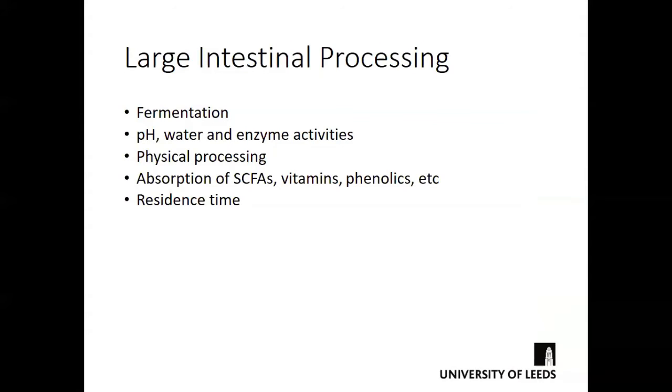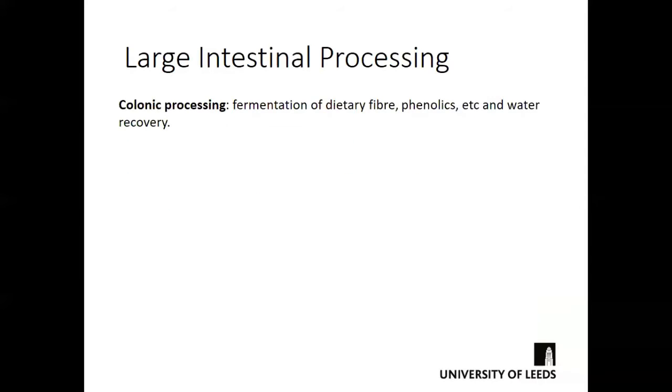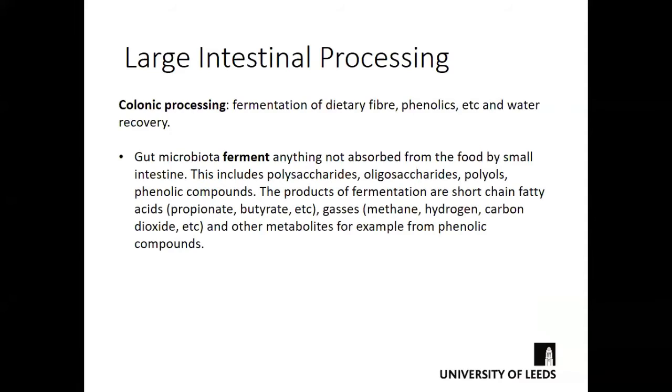From the small intestine, what you haven't absorbed passes into the large intestine for colonic processing, and that's largely about fermentation of things like dietary fibre, phenolics and other compounds, and also water recovery. So gut microbiota ferment anything not absorbed from the food via the small intestine. This includes polysaccharides, smaller oligosaccharides, polyols, phenolic compounds, a whole range of other components.